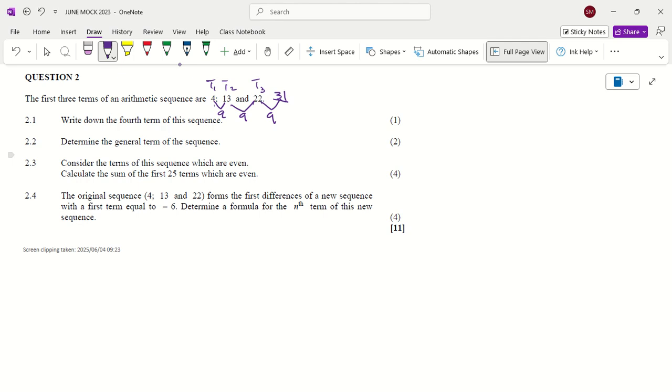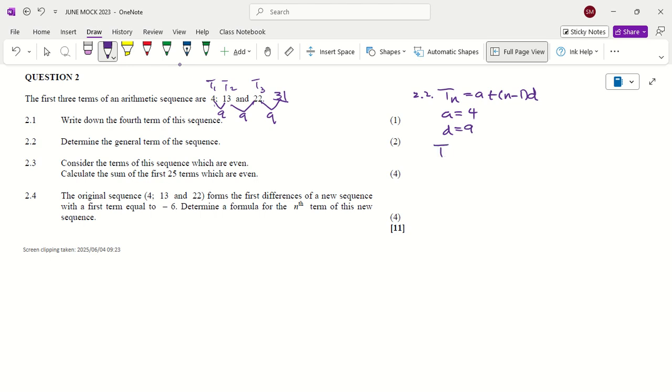Okay. Determine the general term of the arithmetic sequence. So for 2.2, we know the general term for an arithmetic sequence is Tn is equal to a plus n minus 1 multiplied by d, right? Okay, sharp. Then now we need to substitute. We have our a is our first term, which is 4, right? And then the difference is 9.